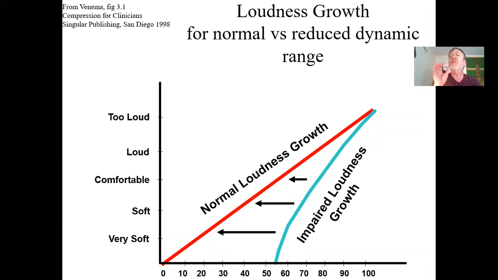Normal loudness growth, like from a seed to an old tree, from a baby into an adult. The growth, okay, watch this. 0 to 20 decibels is heard soft. 50 to 60 decibels, comfortable. 90 to 100 is heard as too loud.